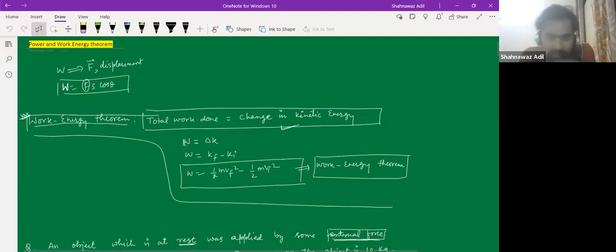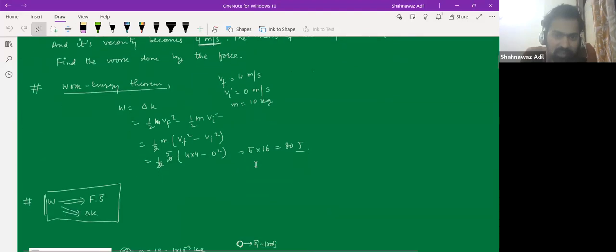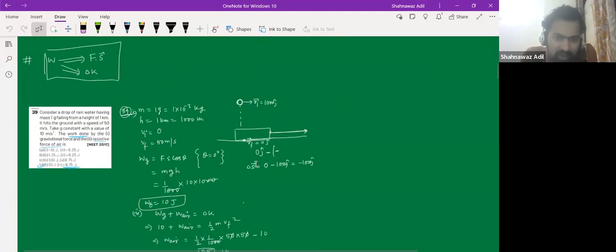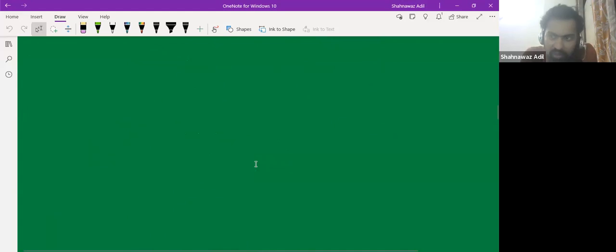If the work done is by a conservative force, then the change in kinetic energy equals the change in potential energy, so kinetic energy plus potential energy is conserved whenever we have conservative forces. This relation is very, very important, and we will use it.